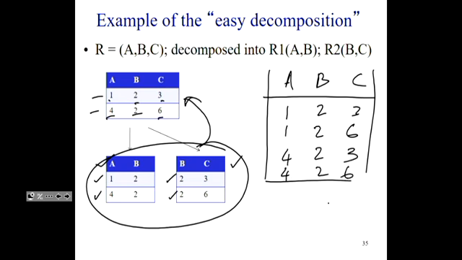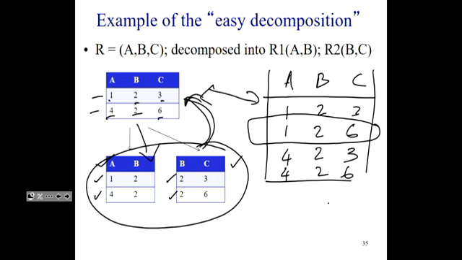Right, so you did decomposition by doing projection, but when you did a natural join, you're not actually getting back the original relation, you're getting back more stuff. For instance, you got back this tuple even though it was not in the original relation, and this one too. You got these two spurious tuples that are not in the original relation because you just went ahead and decomposed without worrying about it.